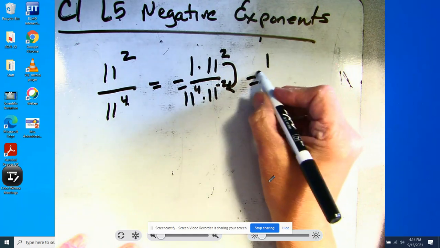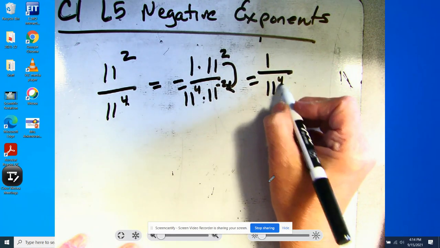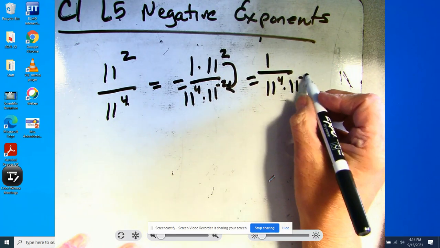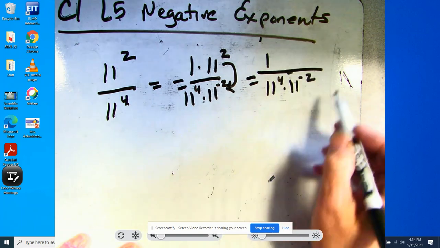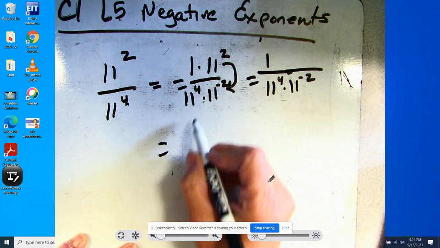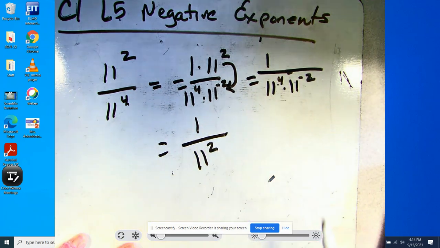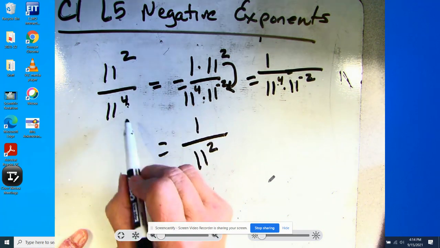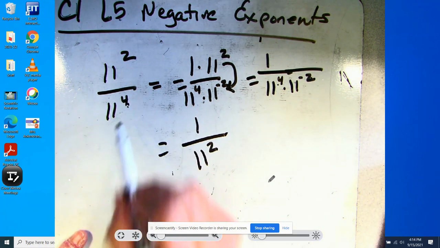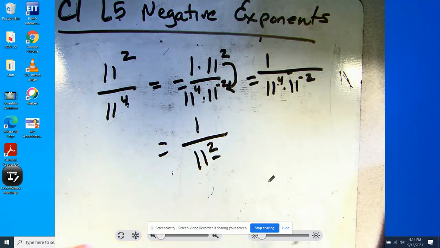I now have 1 over 11 to the power of 4 times 11 to the power of negative 2, and I can combine my exponents. I have 4 minus 2, so this would be 1 over 11 squared. Since the 4 is in the denominator, it ends up with the answer in the denominator.